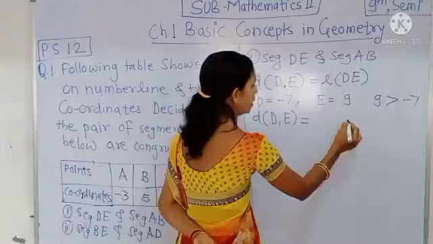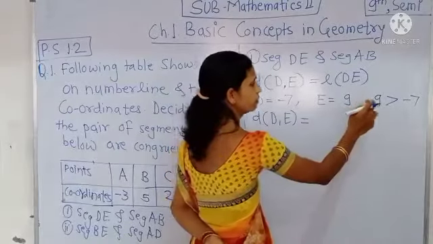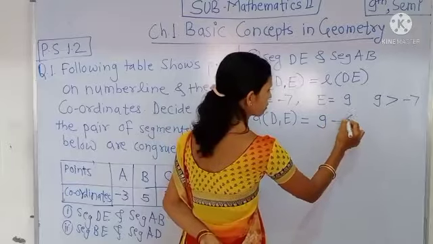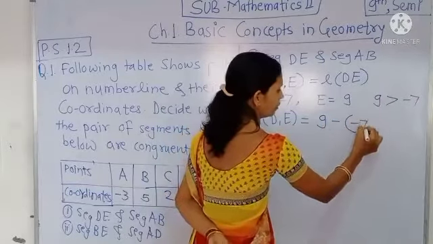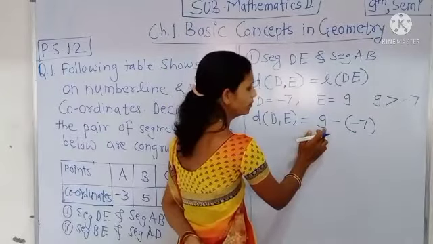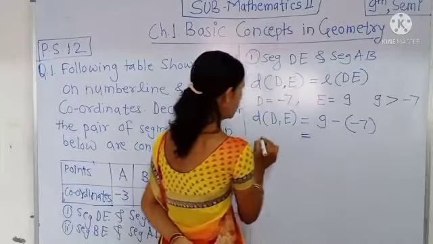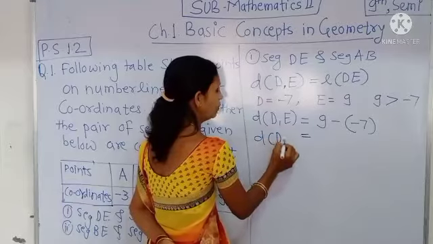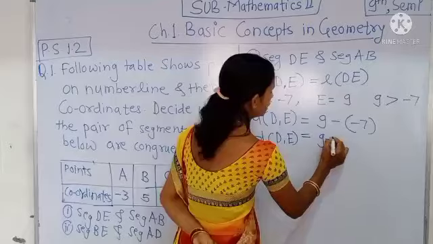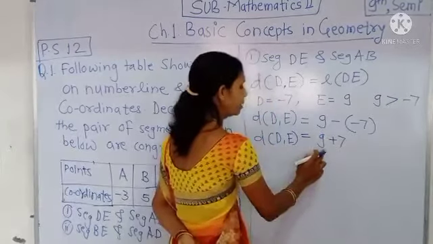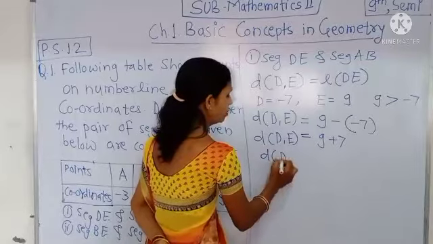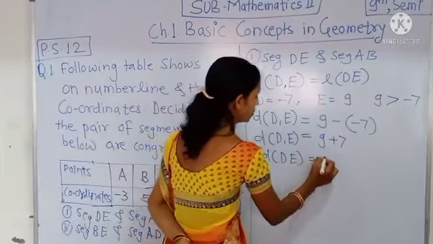Therefore, -7 is subtracted from 9, that is 9 minus -7, which is 9 plus 7, and that is 16.